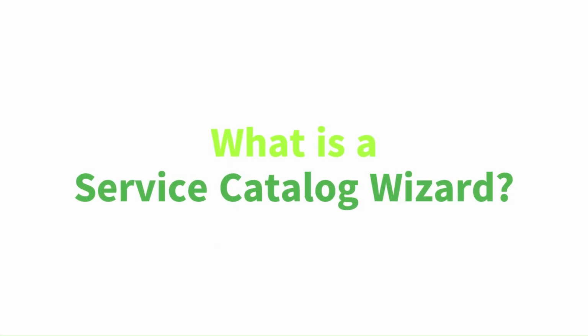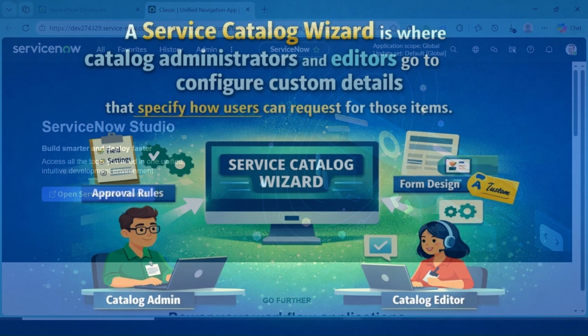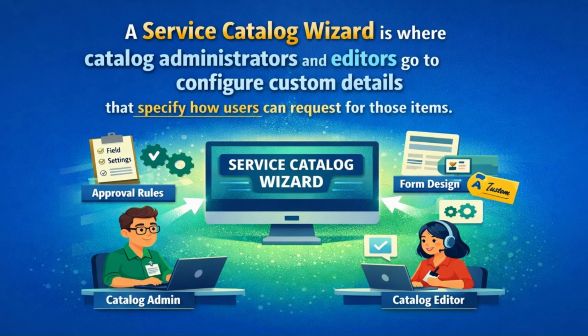What is a service catalog wizard? First of all, catalog items are set up in something called the catalog builder. And now a service catalog wizard is where catalog administrators and editors go to configure custom details that specify how users can request those items.